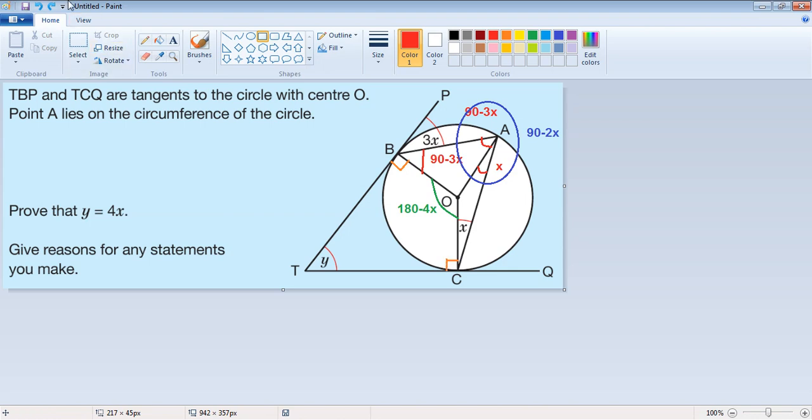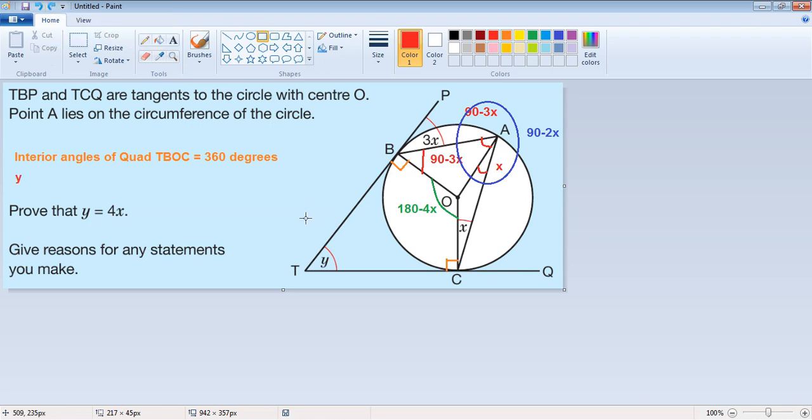And we already know another thing: the sum of interior angles of a quadrilateral is 360 degrees. This is a property of all quadrilaterals. So if we add y and the angles here, we have to find 360 degrees. So let's do it.